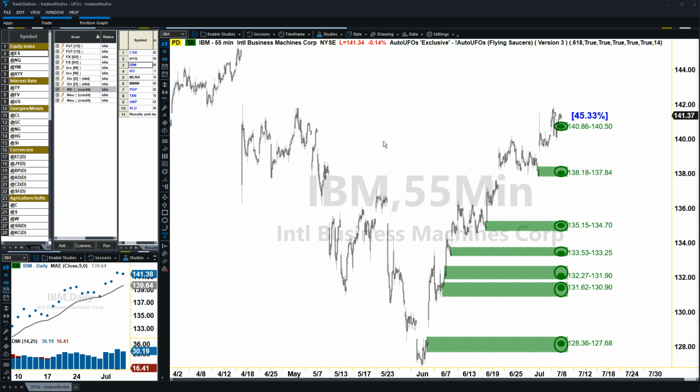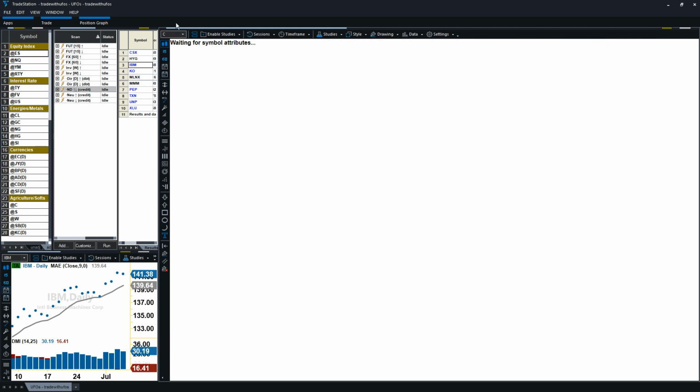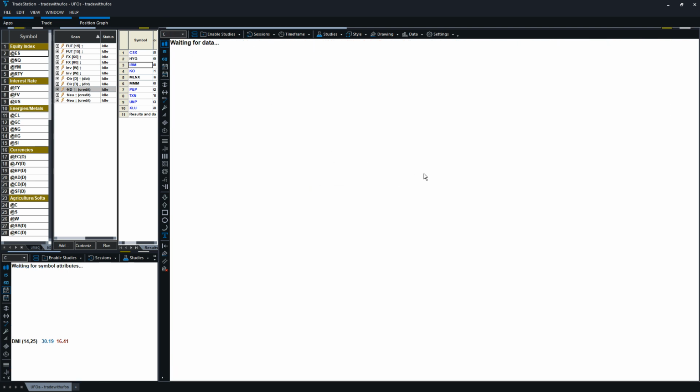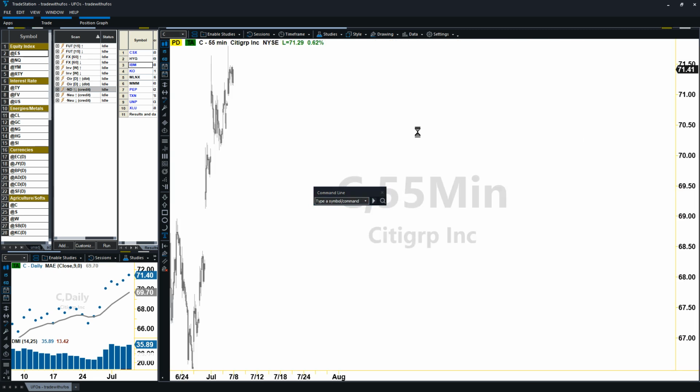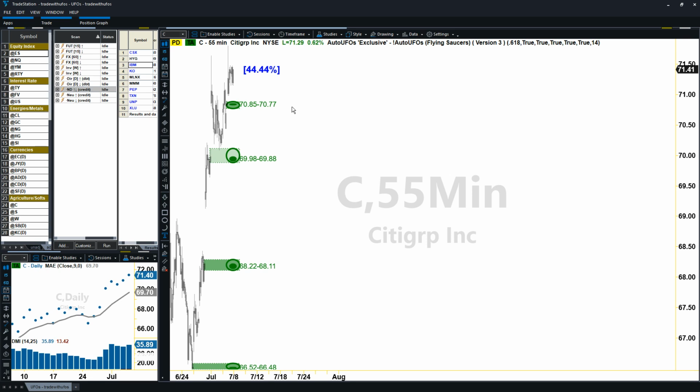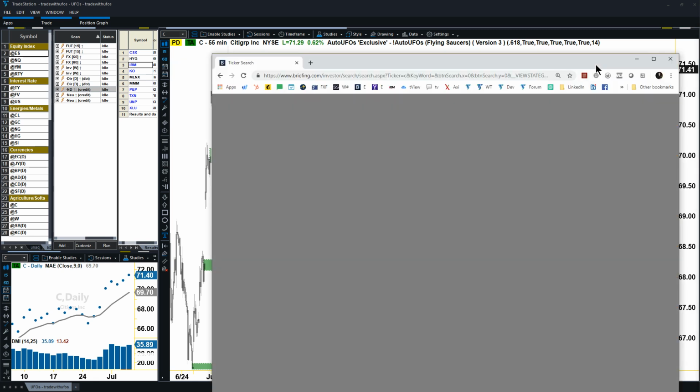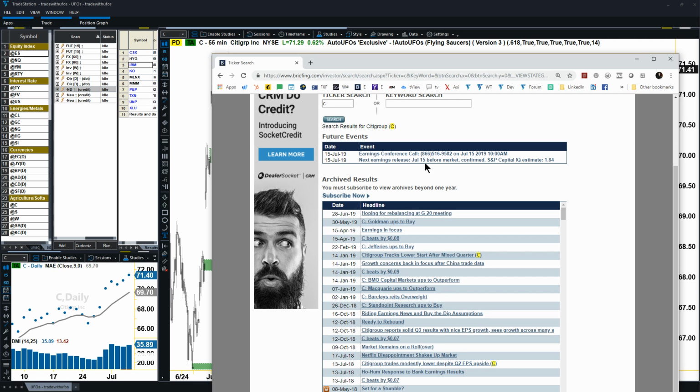Let's see. I'll look at Citigroup. Okay, so it has earnings on July 15. Okay, so still loading, pending data. We're just gonna wait. Okay, so Citigroup, you can see it here, has earnings on July 15, as you can see here.